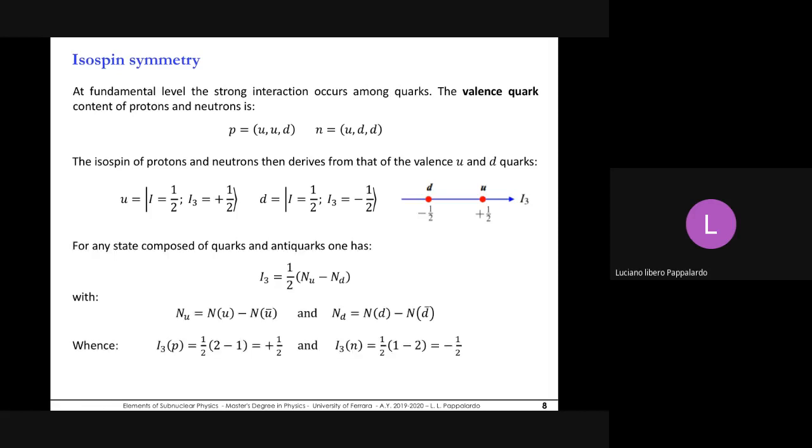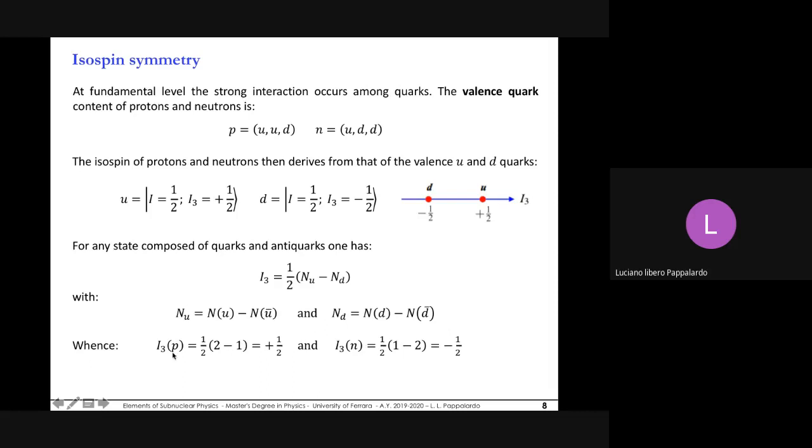Now, how can we combine these into hadrons? For any state composed of quarks and antiquarks, the third component of isospin is given by this simple formula: I3 = 1/2 (Nu minus Nd), where Nu is the number of up quarks minus the number of anti-up quarks, and Nd is the number of down quarks minus the number of anti-down quarks.